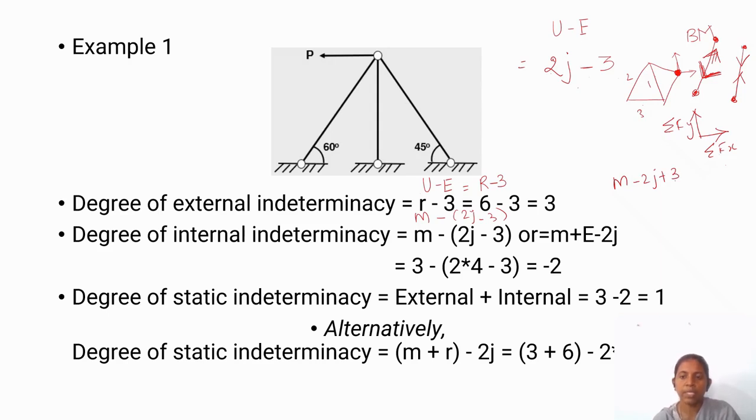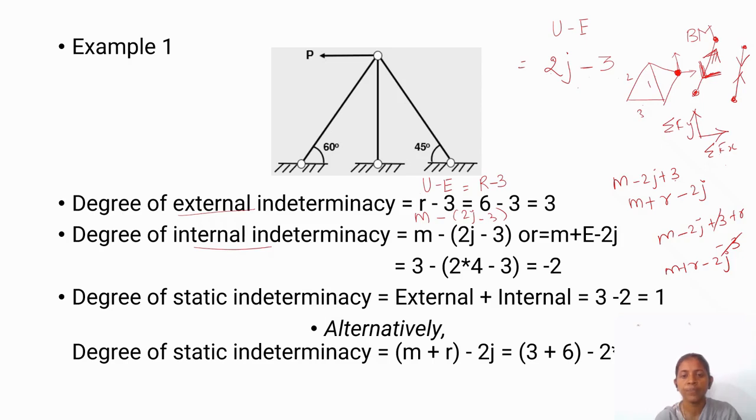What is this 3? The reactions. So M plus R minus 2j is the simple form of this equation. If you add these two equations, M minus 2j plus 3 plus R minus 3, you will get M plus R minus 2j. That is the summation of external indeterminacy and internal indeterminacy.